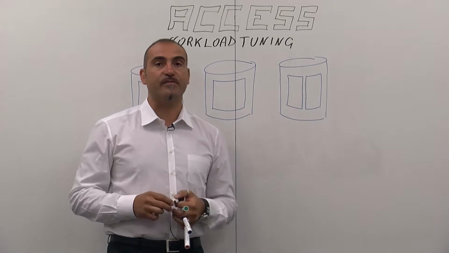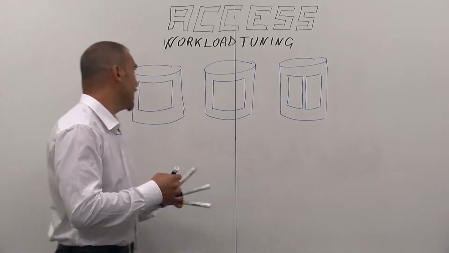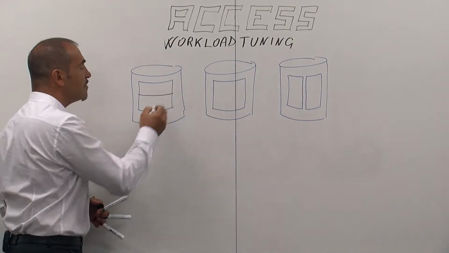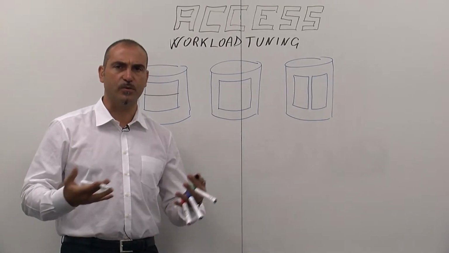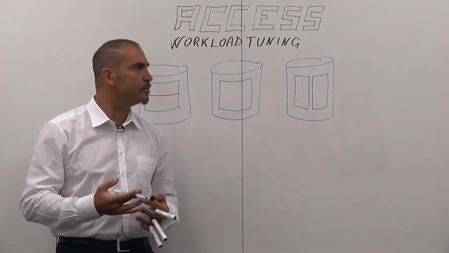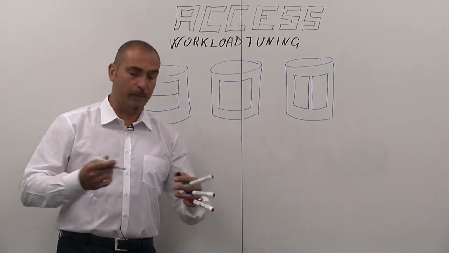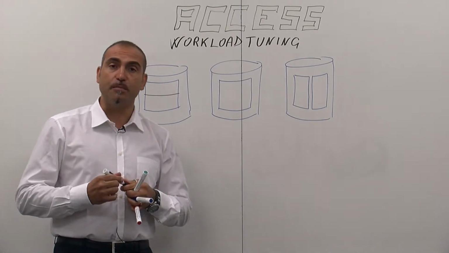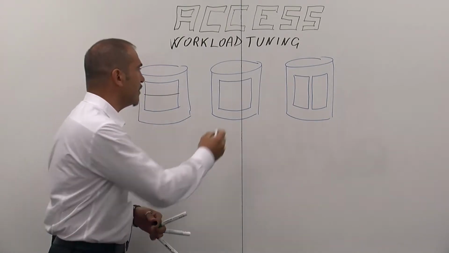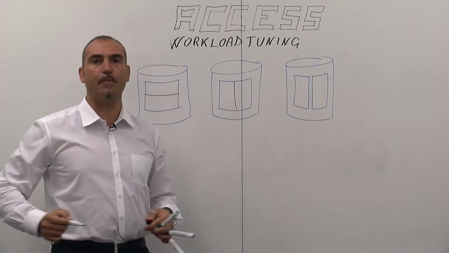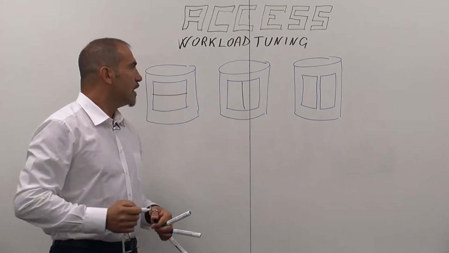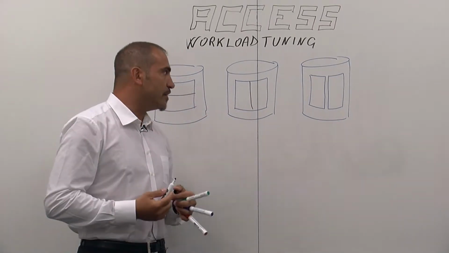So in some cases, you will choose a concatenated environment like this, because it is easier to create and easy to maintain as well. In some cases, you need more performance, so you will create a stripe layout that uses disks in different ways.